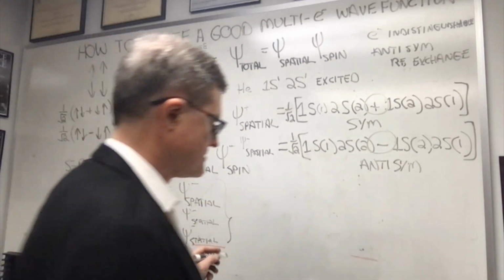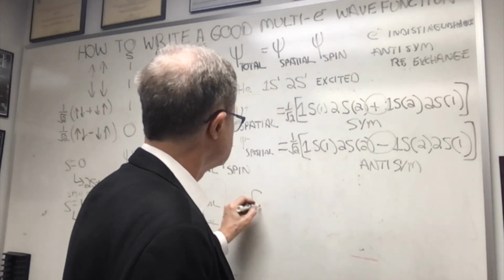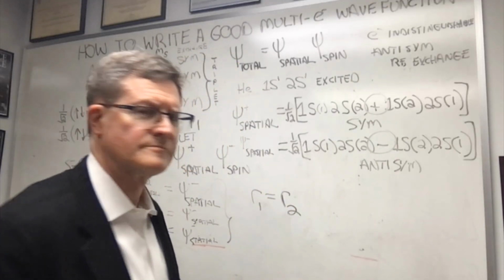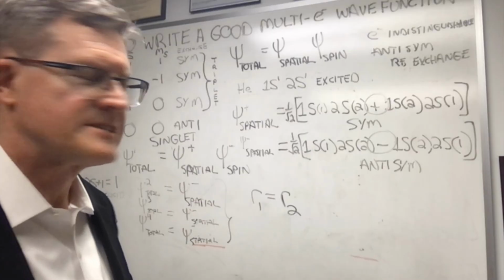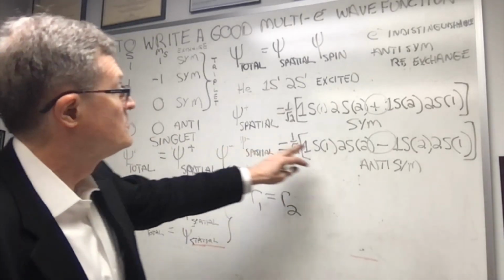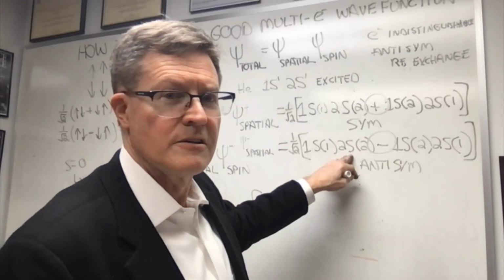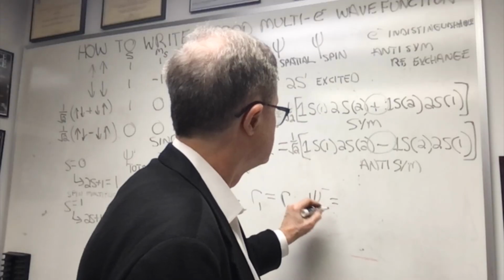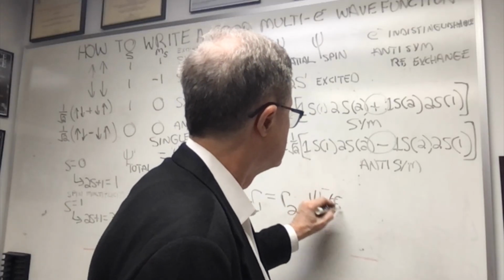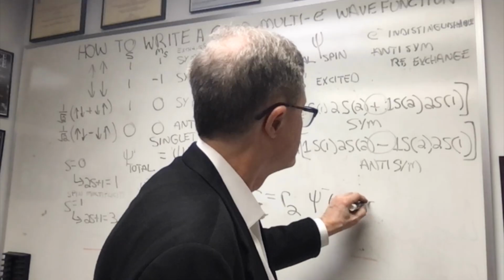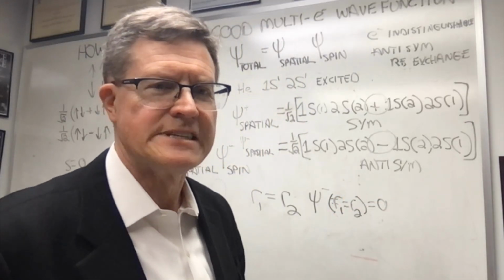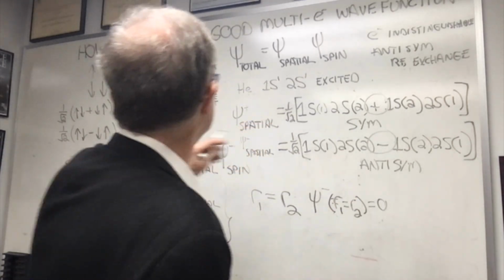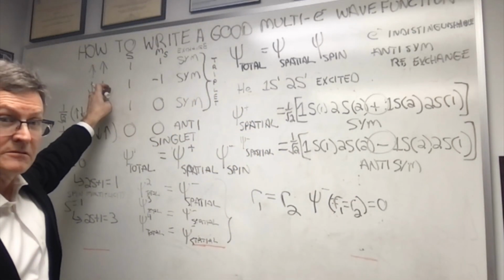Notice something about these three here. If we look at the case where the two electrons are at the same place, that will go to 0. That is, the two electrons naturally avoid each other in the case where the spins are the same.